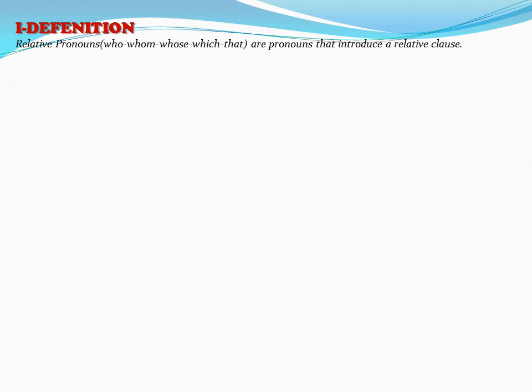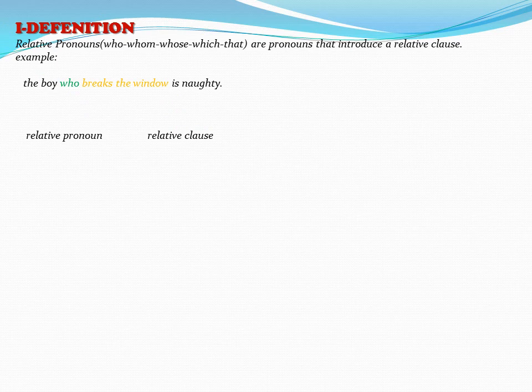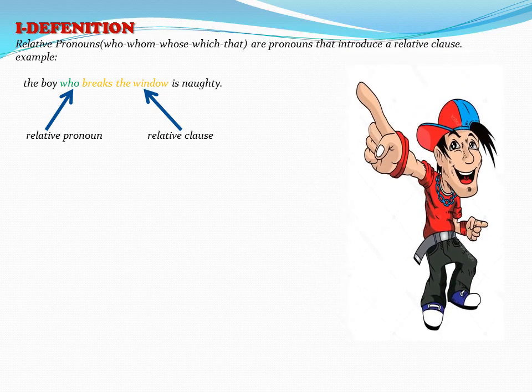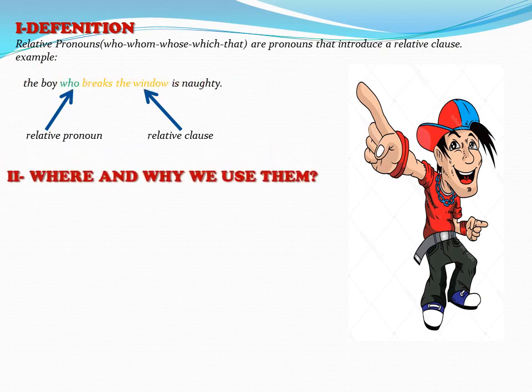And we have five kinds of relative pronouns: who, whom, whose, which, and that. For example, the boy who breaks the window is naughty. The relative pronoun is who, and the relative clause is breaks the window. Here, who comes before the relative clause.